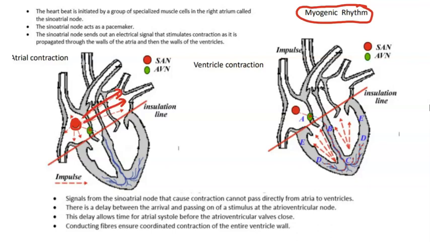As you can see in the diagram, it spreads through the two atria, and the speed of conduction is so rapid that it causes the two atria to contract simultaneously. We could call that atrial contraction or atrial systole. That impulse to contract does not spread down into the ventricles.